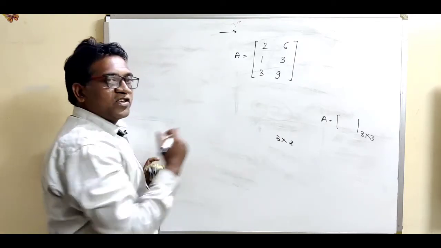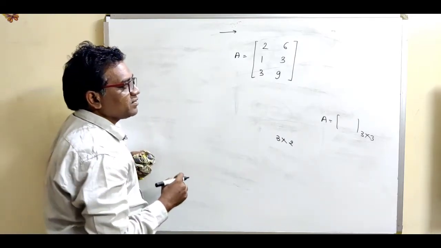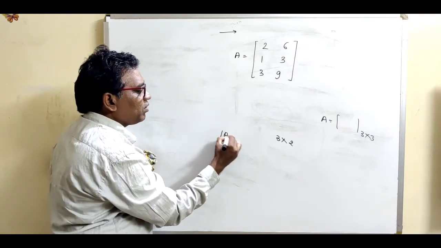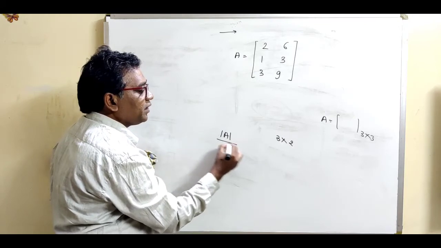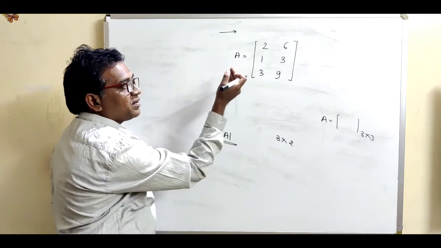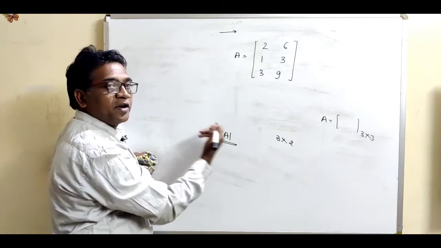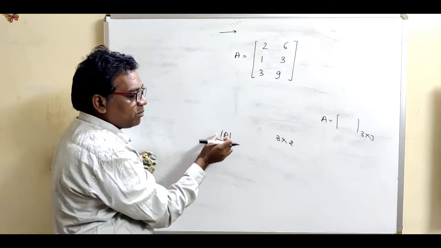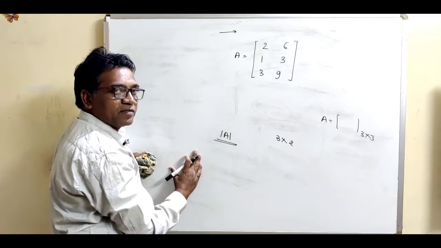So what is the process for finding the rank of the matrix? For rank of a matrix, first of all we have to find the determinant. Now we cannot directly find its determinant, because this is not a square matrix. For a determinant we require a square matrix.